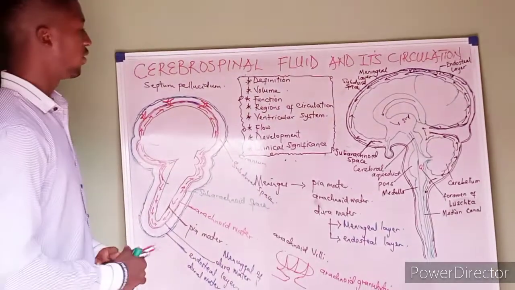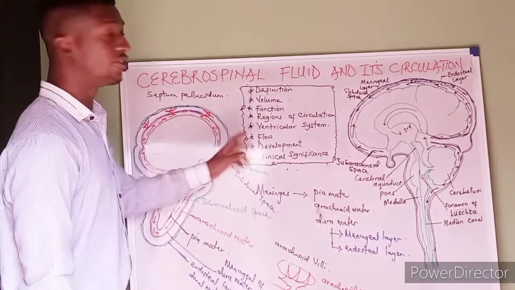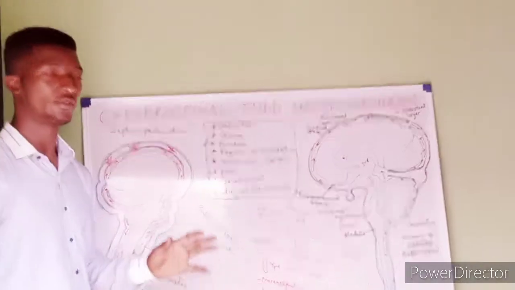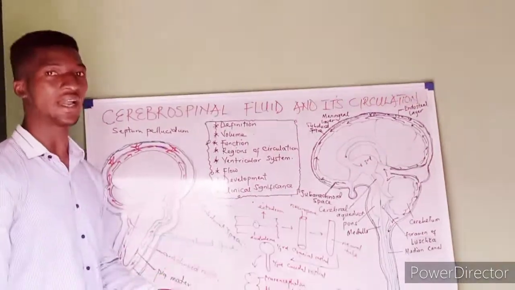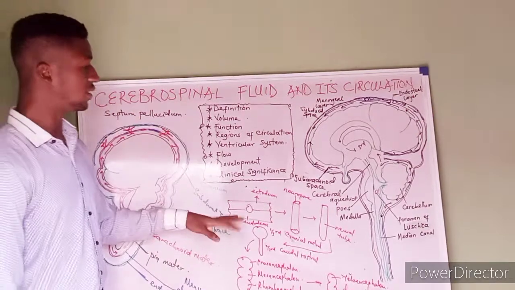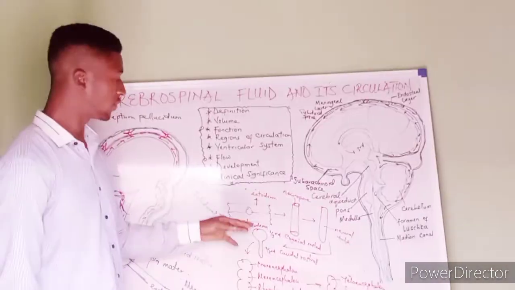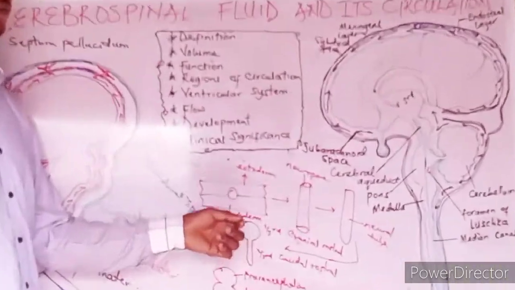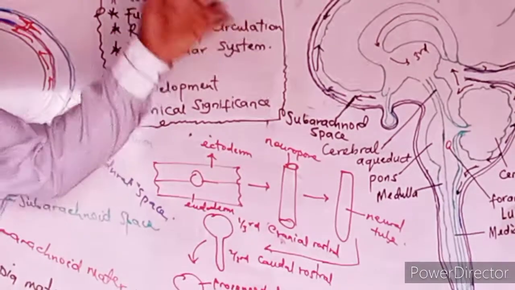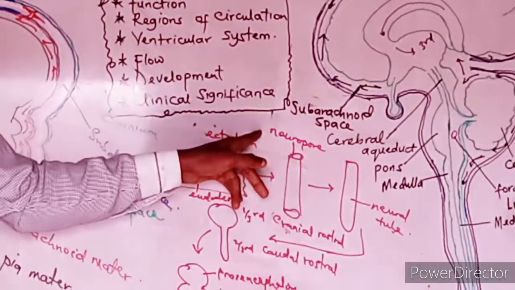Let's talk about the development of cerebrospinal fluid. Now, the development of cerebrospinal fluid goes along with the development of the brain and spinal cord. These begin with three layers: the ectoderm, the mesoderm, and the endoderm. In between, you have the neural tube. But this neural tube has openings at the cranial portion and the caudal portion, which we refer to as the neuropore.